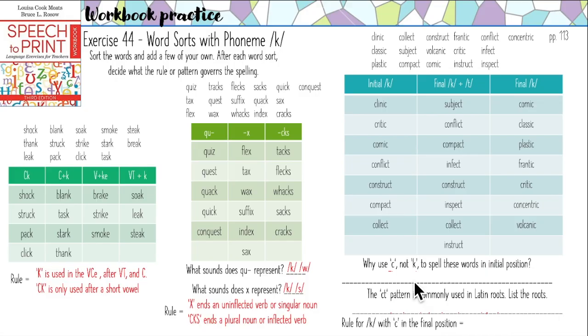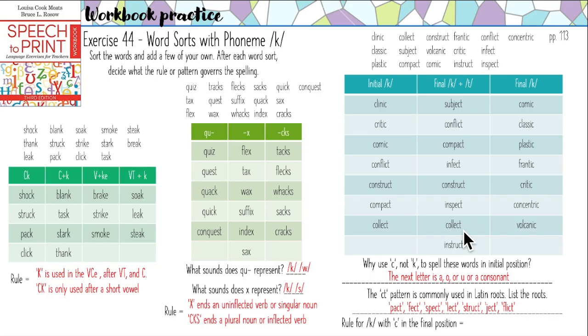So why do we use a C and not a K to spell the words in the initial position? Well, because the letter after that is going to be A, O, or U, or a consonant. Why a CT pattern commonly in those Latin roots? Because the root is pact, fect, spect. So that ect is part of the root. That's why we're going to use that CT.